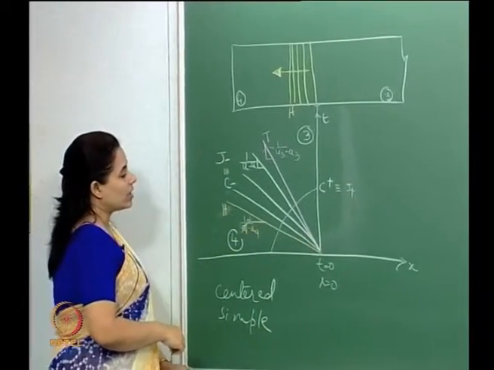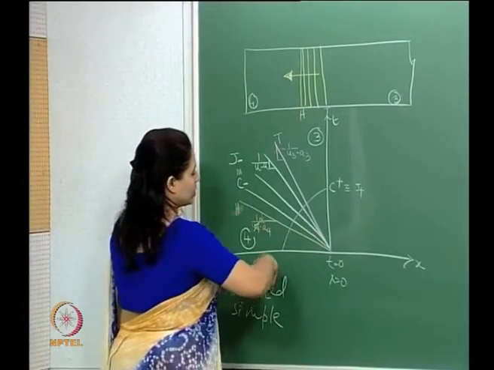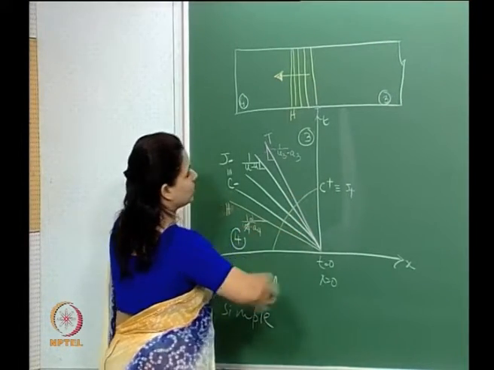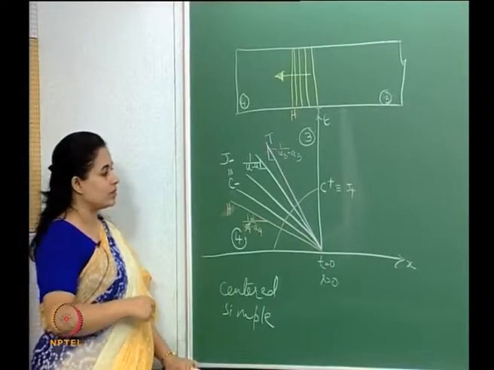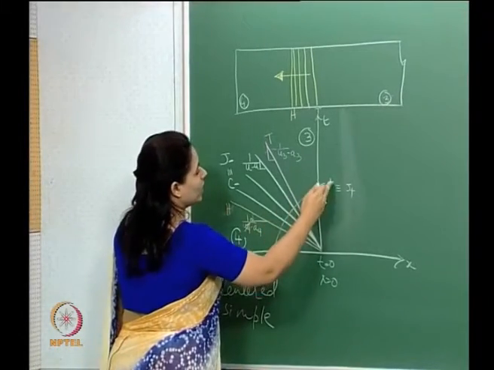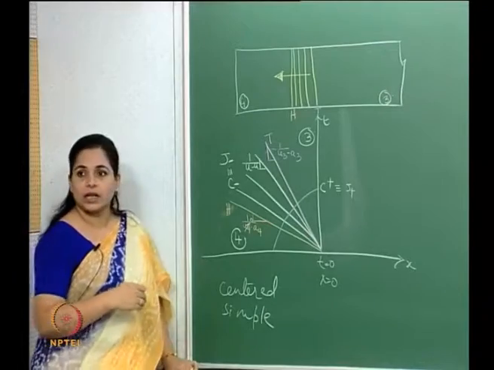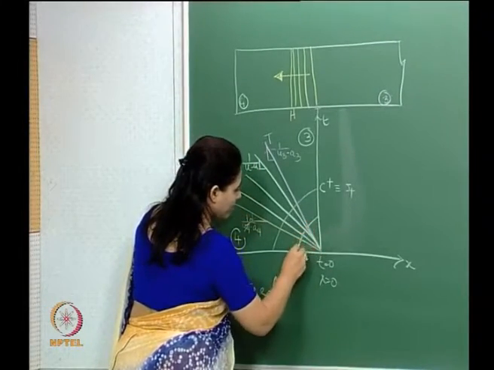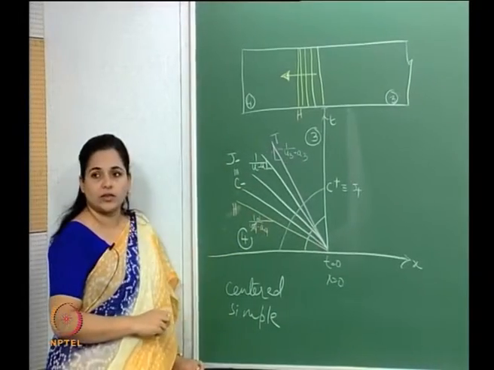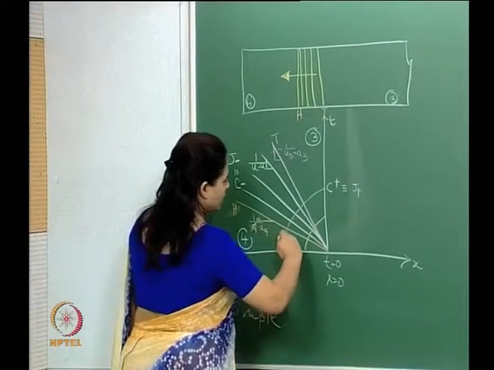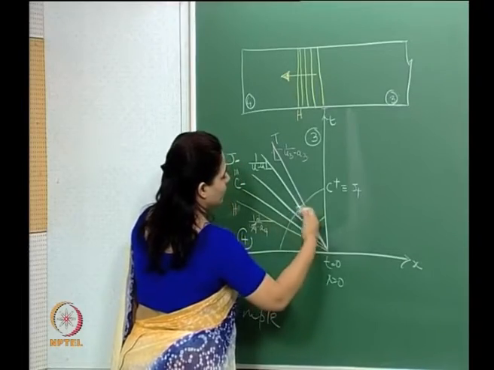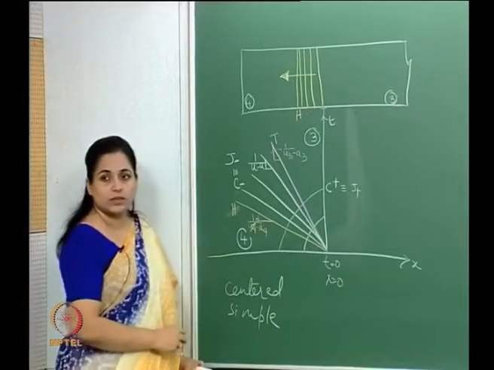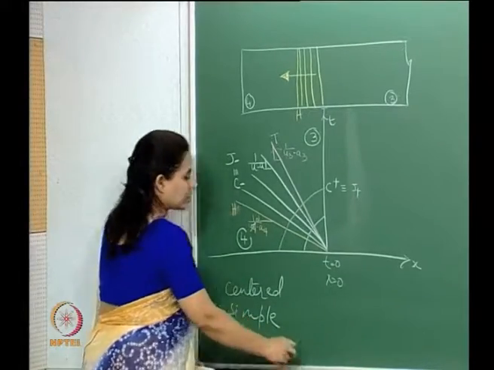We then showed that J plus is constant on any C plus characteristic, but then we took two C plus characteristics and showed that within the expansion fan, J plus is a constant, right. So, let us start from there.